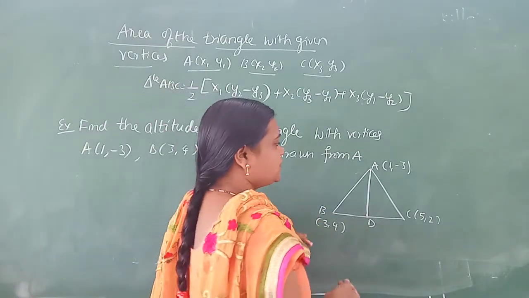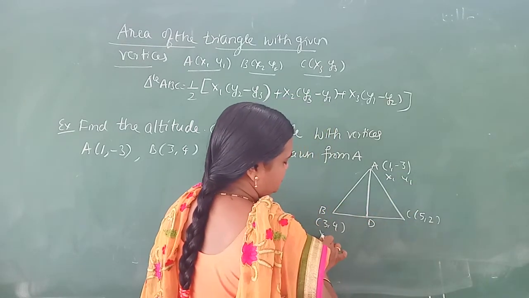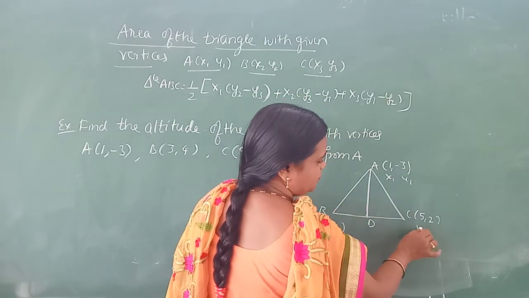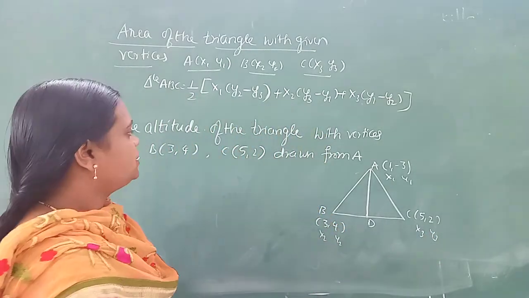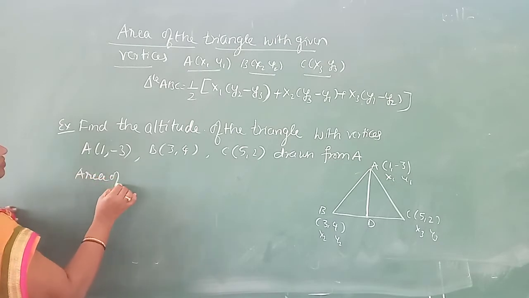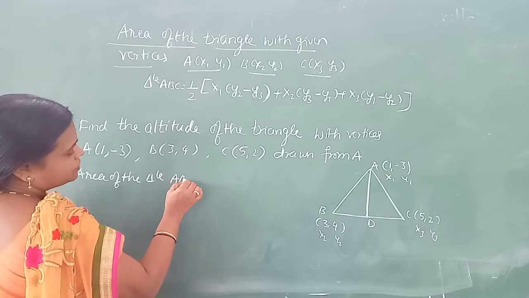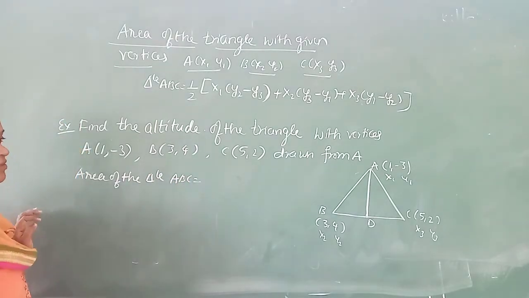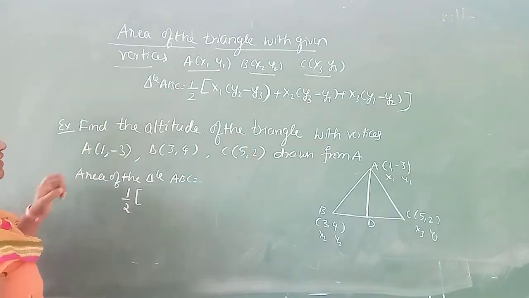See, the vertices are given, therefore we can say that these are constants x1, y1, x2, y2, x3, y3. Now we have to calculate the area of the triangle. Area of the triangle ABC by the formula we already know is half, correct, x1.